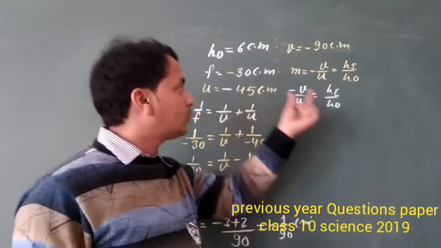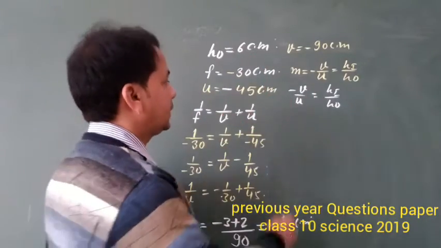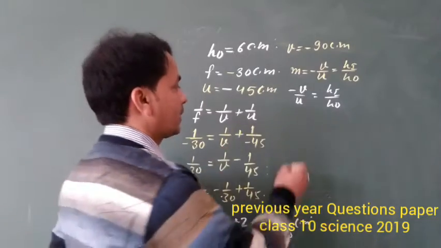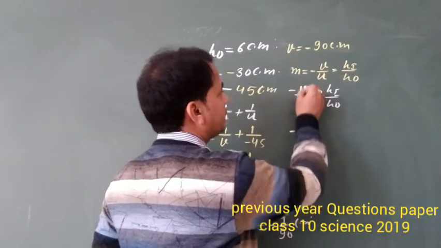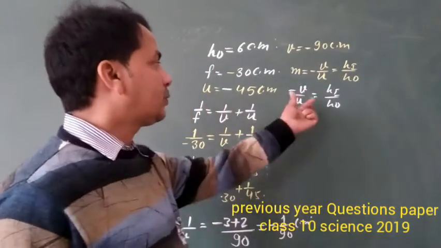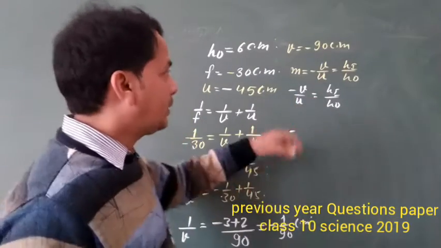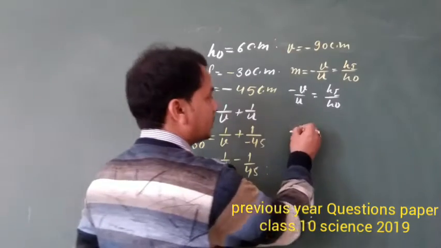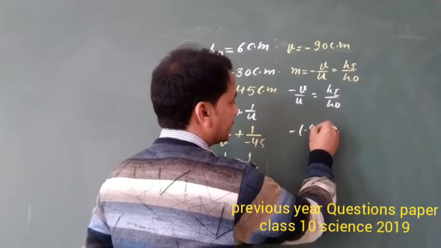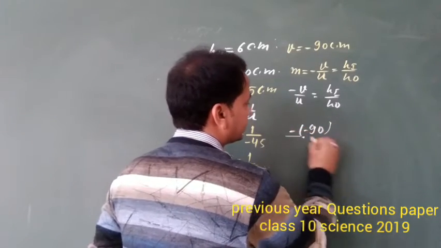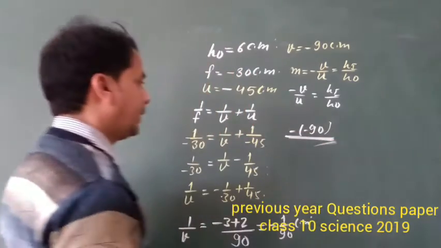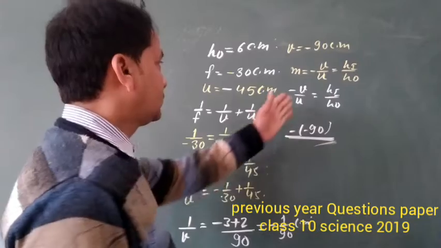Then put the value of the height of the object, image distance and object distance in this case. Minus v, and v is the position of the image, and the position of the image is 90 centimeter. Then put the value here, minus 90 by u.